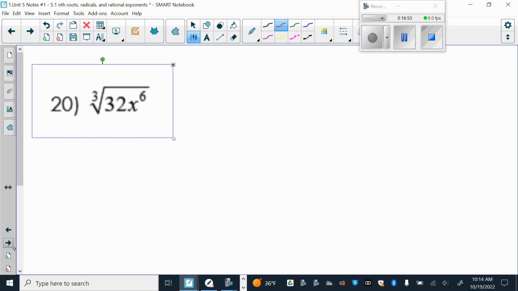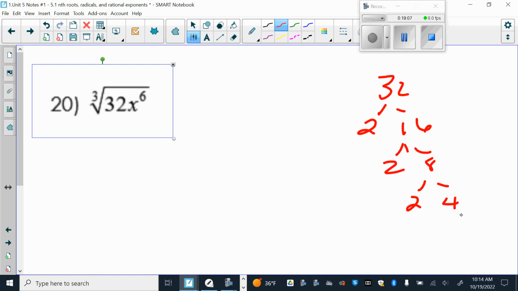All right, let's take a look at number 20, the cubed root of 32x to the 6th. So 32 is 2 times 16, 2 times 8, 8 is 2 times 4, and 4 is 2 times 2. Ooh, this one got on there by accident.